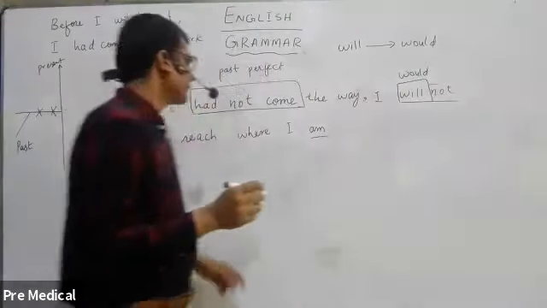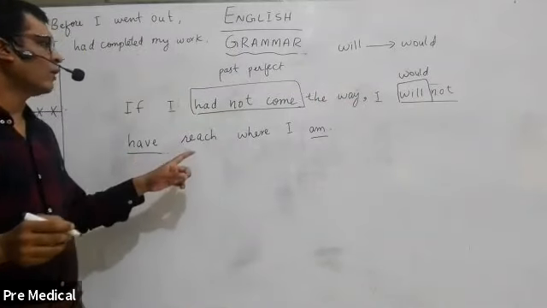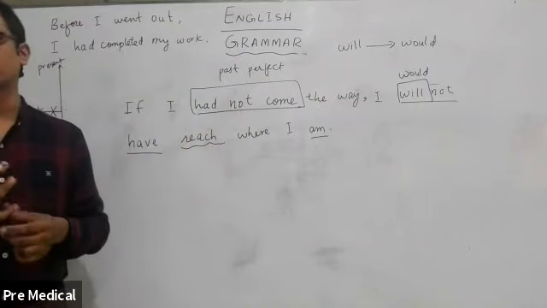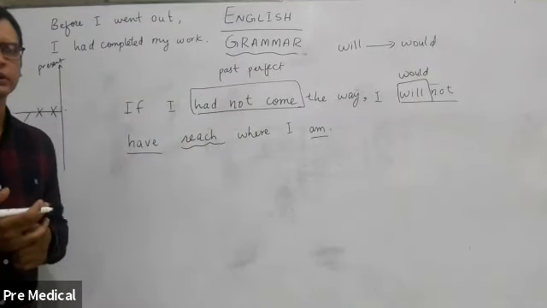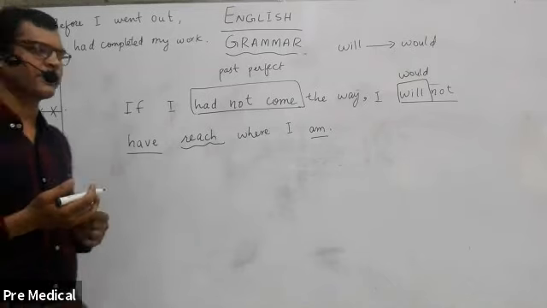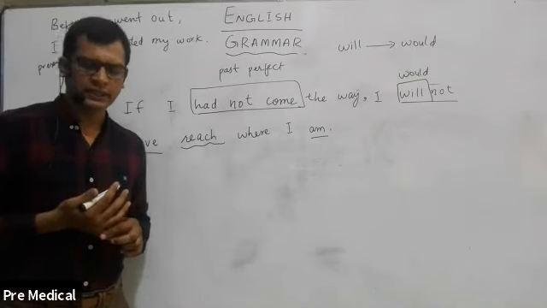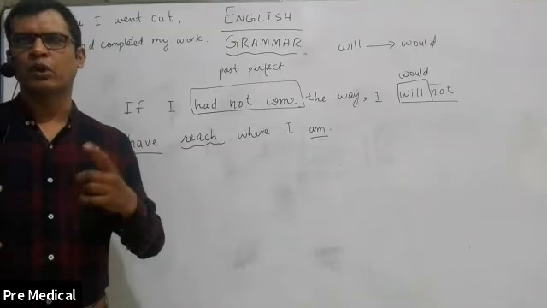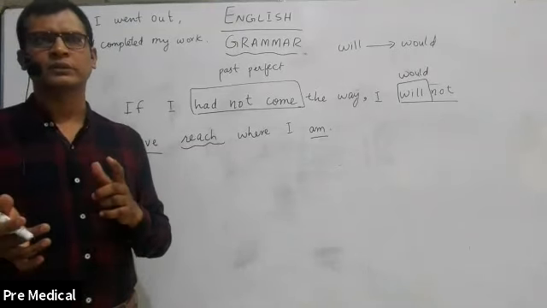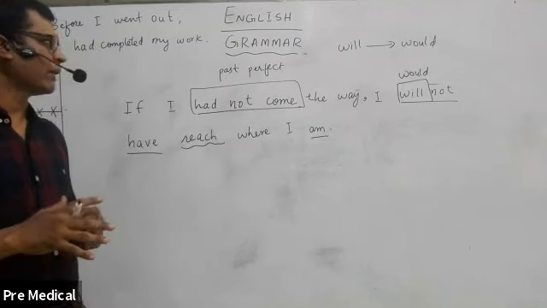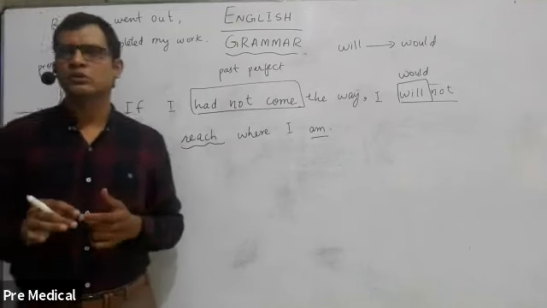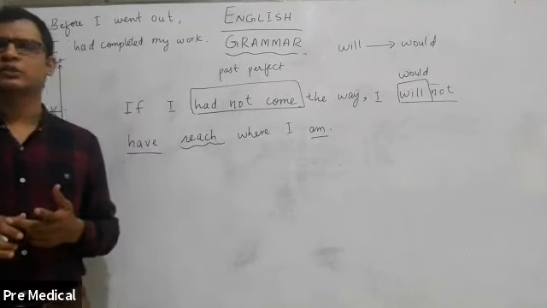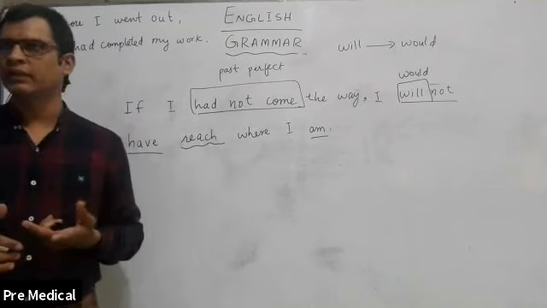Now, again, this is the first form of a verb, and the first form of a verb shows that either it is a present tense or it is used in support of a modal verb. By modal verb we mean all those words like can, could, may, might, should, will.